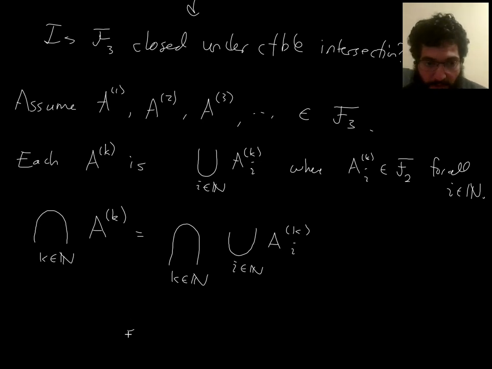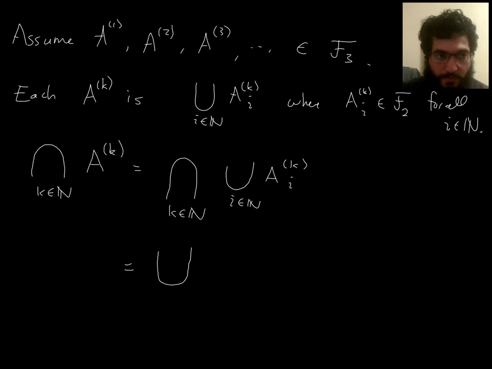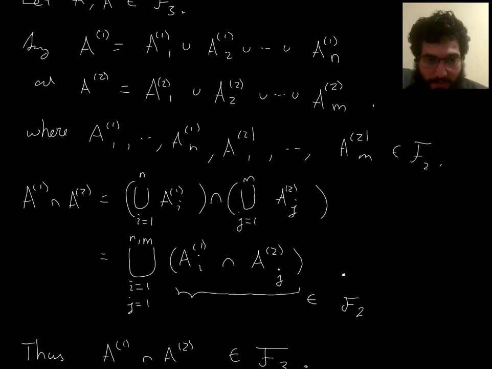So there is a similar kind of thing that can work in order to interchange whether I'm doing union first or intersection first. So let's see how to write this. This will be the union of, okay, so I'm trying to do something analogous to this.